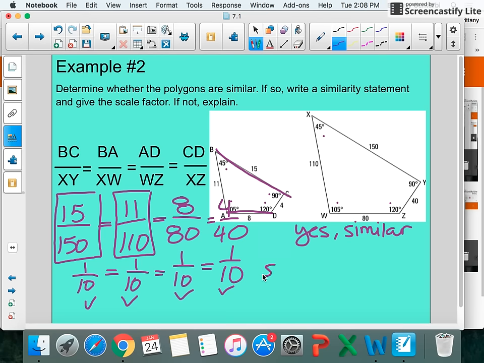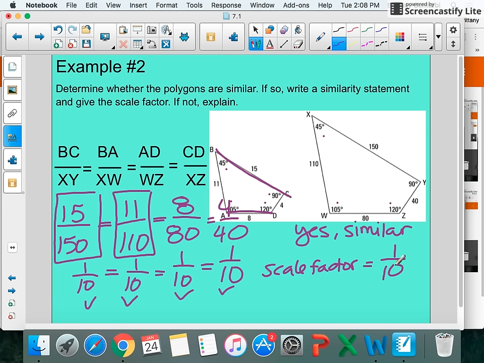And then we have to do the scale factor. The scale factor is just the reduced fraction. So my scale factor is going to be 1/10, which is what they all are when simplified. So again, in order for it to be similar, all of the angles have to be congruent, and then the proportions all have to be equal.